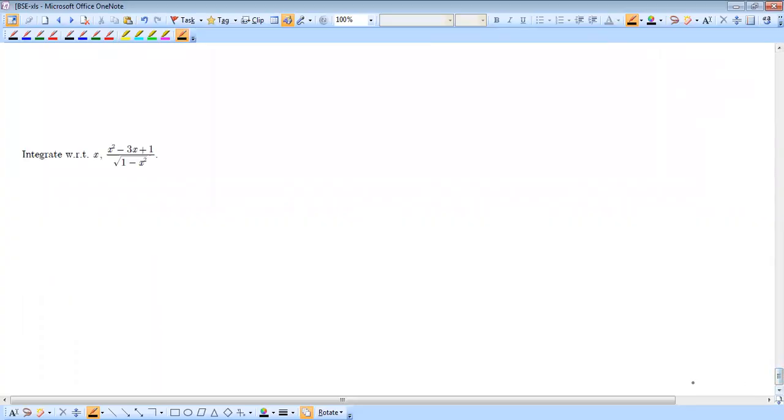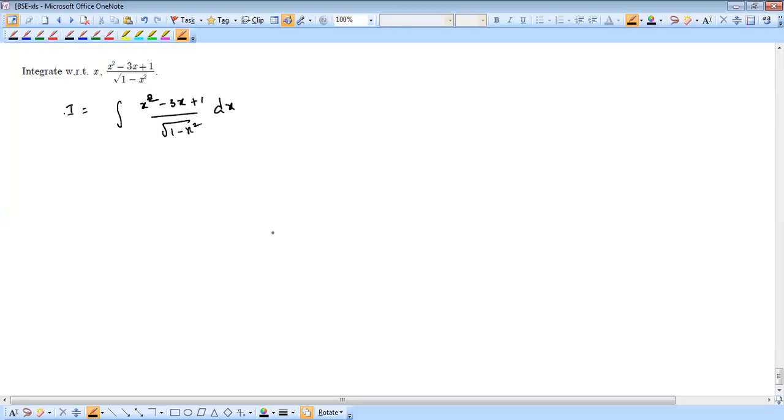I would like to give you one question from the integrations here. Integration of x square minus 3x plus 1 divided by root over 1 minus x square. How to do? It's very simple. If you look at the question, you may feel difficulty, but it is very simple. I is equal to integration x square minus 3x plus 1 by root over 1 minus x square dx.